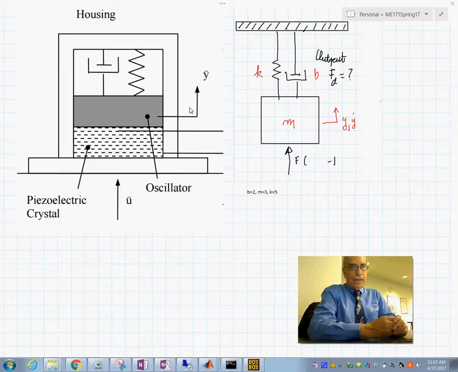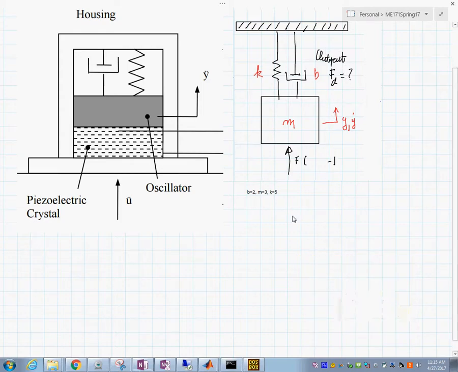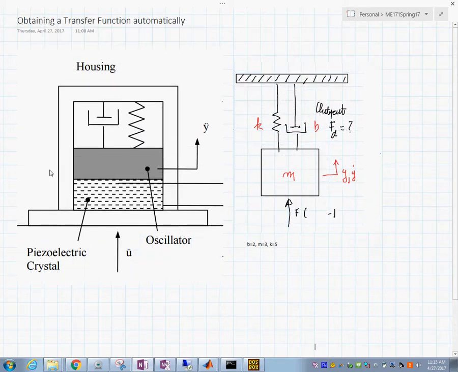So let's do this. I'm going to disappear from here, and then we're going to focus on the problem. We have this accelerometer that has this input, and it has this housing, and inside the housing there's a little oscillator.